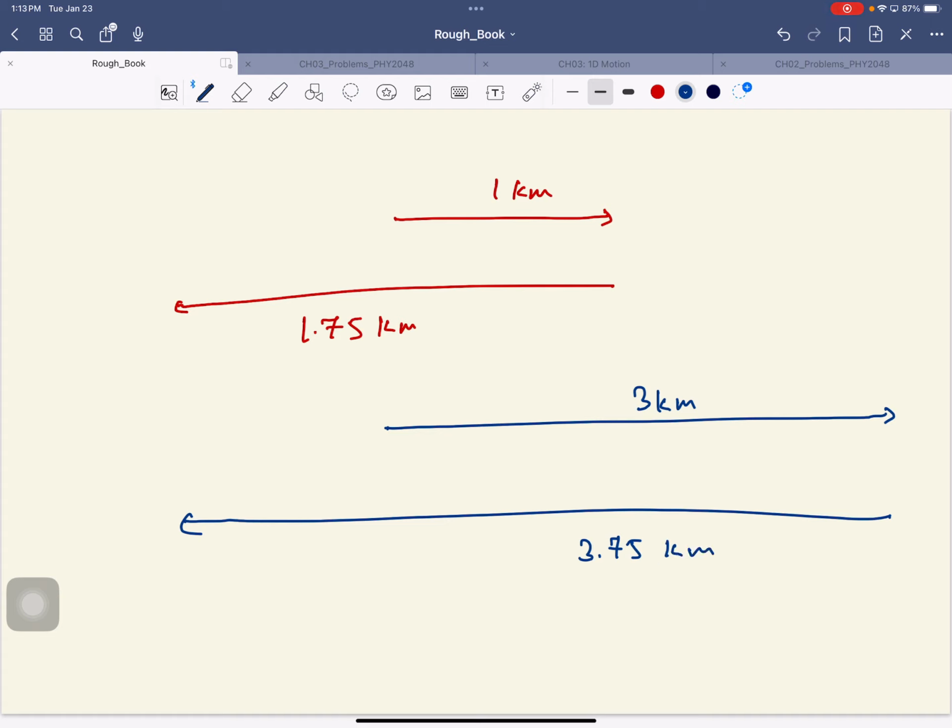For these two journeys, the displacement vector is the same, negative 0.75 kilometers. The distance traveled is very different: 2.75 kilometers and 6.75 kilometers.